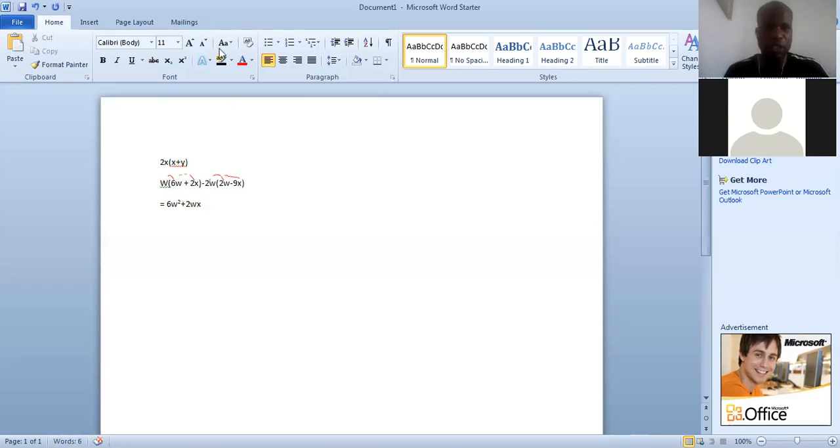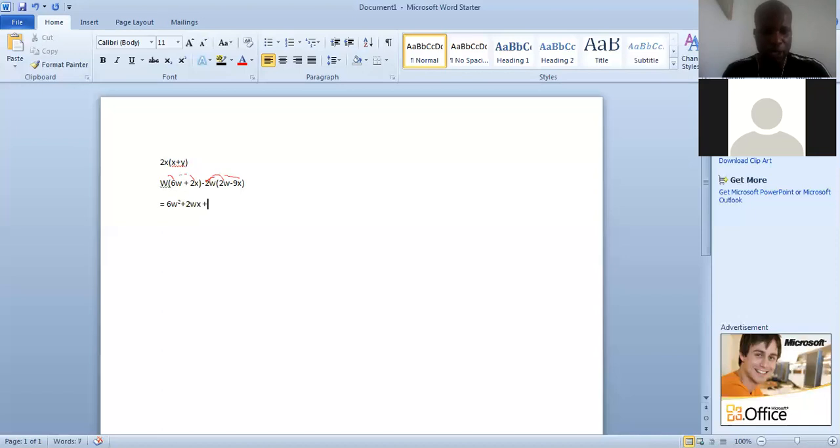Then here now, this is what I wanted you to take a look at. When you are given a number like this, it means that this is a minus 2. That's the coefficient of W, not 2, isn't it? So we're going to say minus 2W multiplied by 2W. Our answer is going to be, when a negative and a negative multiply each other, the answer is positive.